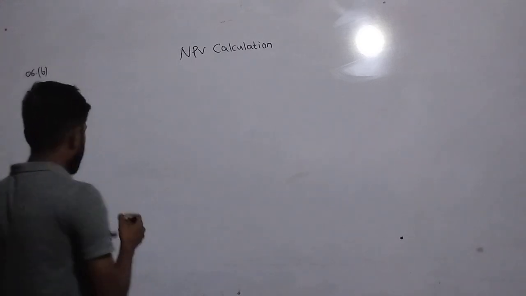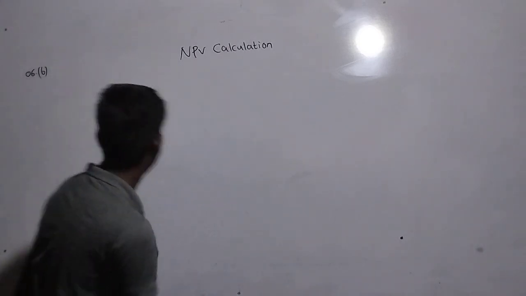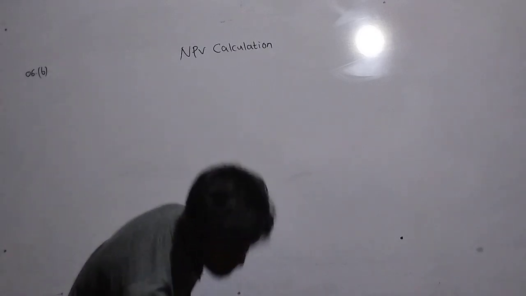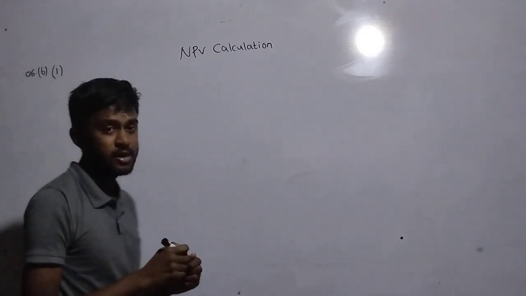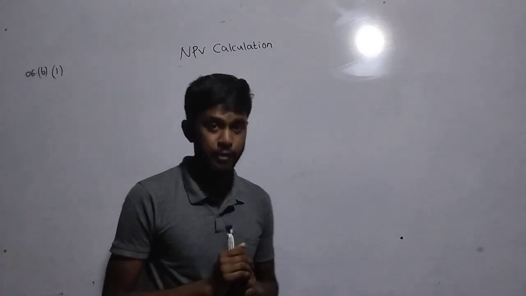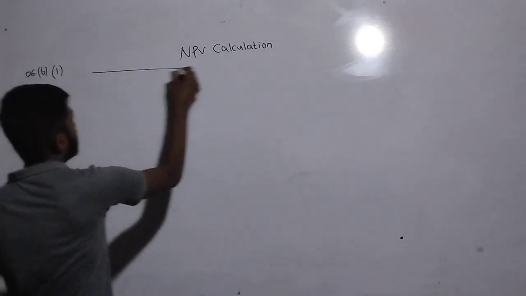Under B, the first requirement. So, dear students, how many years do you have? You have 5 years. So let us draw this.